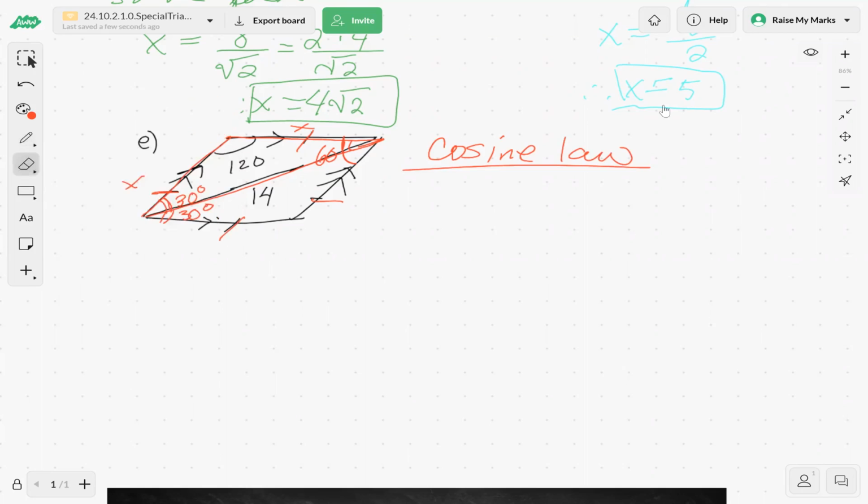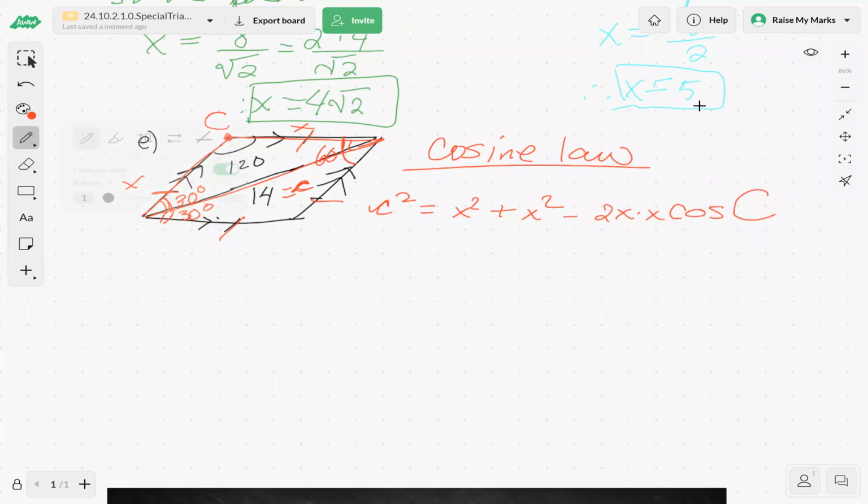Actually, let's call this vertex C. The 14 is the side we'll denote with this lowercase c. Then we have our sides. So from our cosine law, we have c squared equals x squared plus x squared minus 2 times x times x times the cosine of 120 degrees, or let's put angle C.